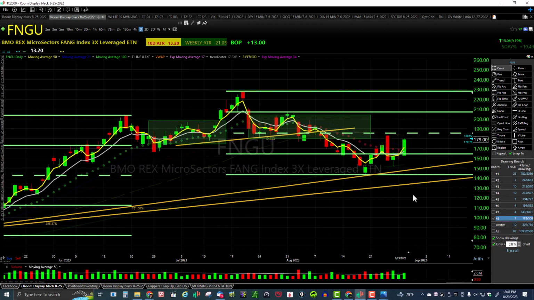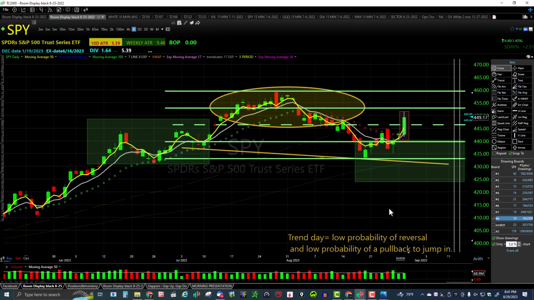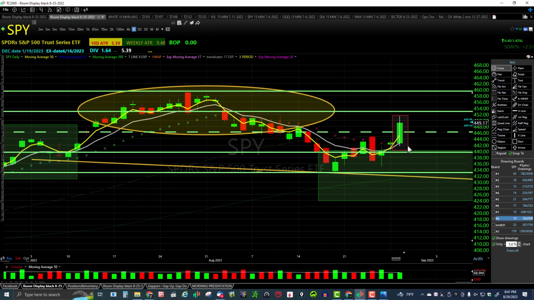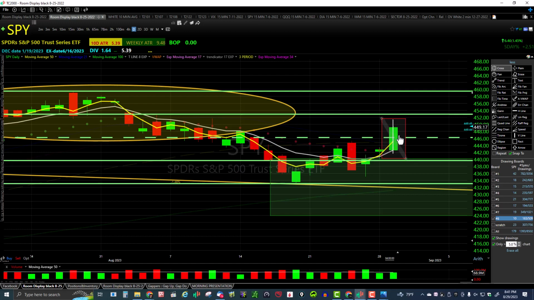Okay, so now tomorrow on the SPY, if we lose 51% of this candle, just this candle, I'm very likely to go short.